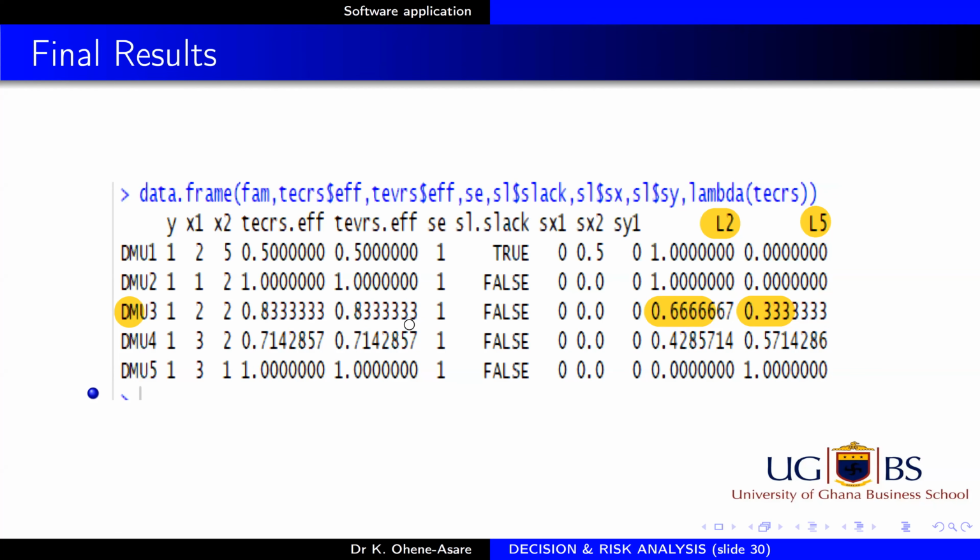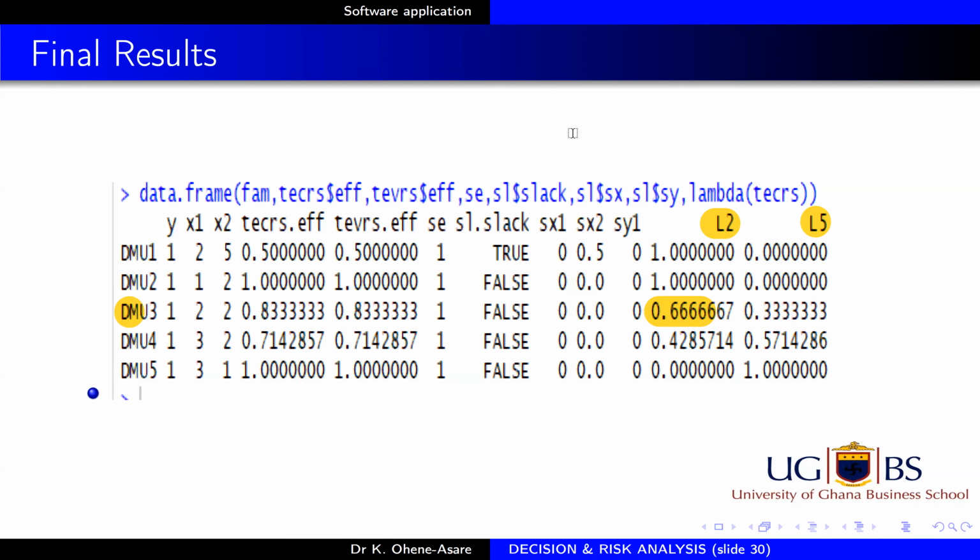So for DMU3 to be efficient, it will have to do something using these weights of DMU2 and 5, the 67% and the 33%, working that out with its input so that it becomes efficient. We are going to do that very soon, and that is what is known as target setting. Target setting is a very important thing.